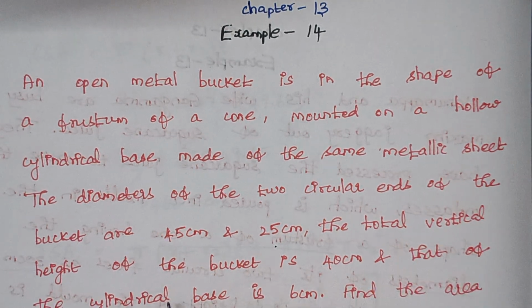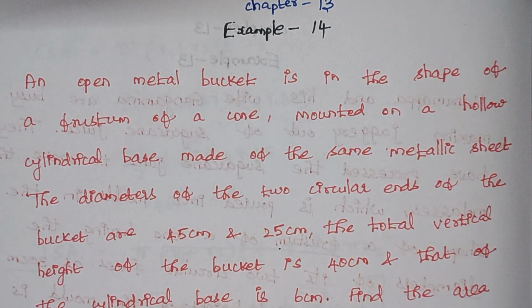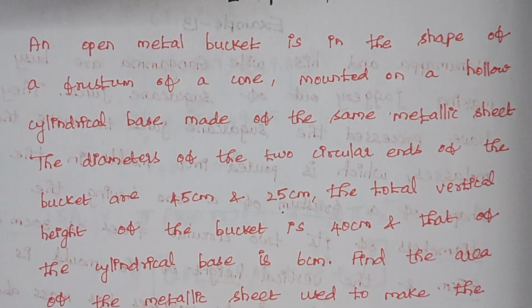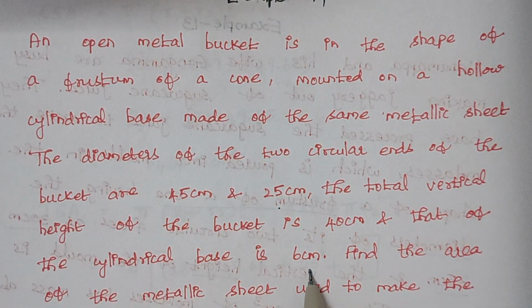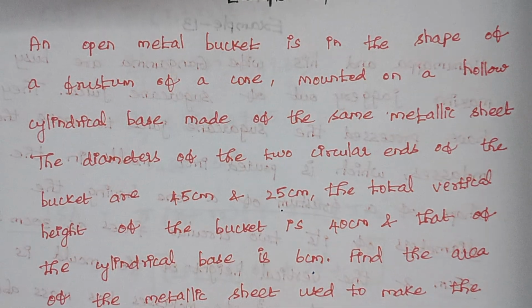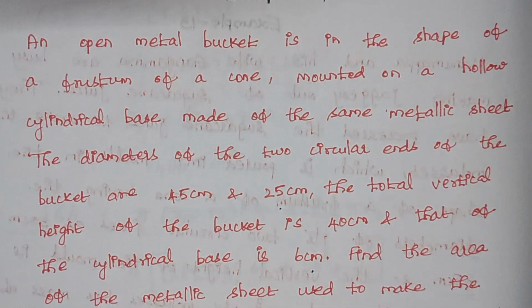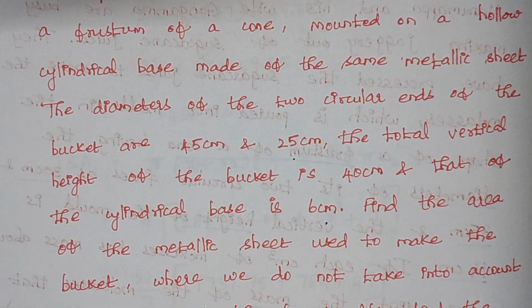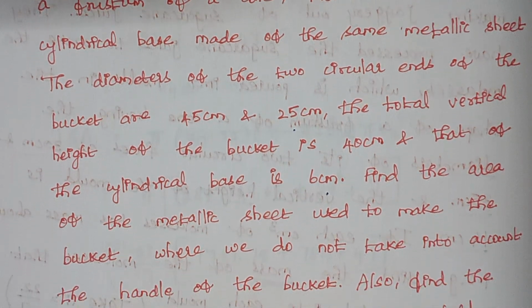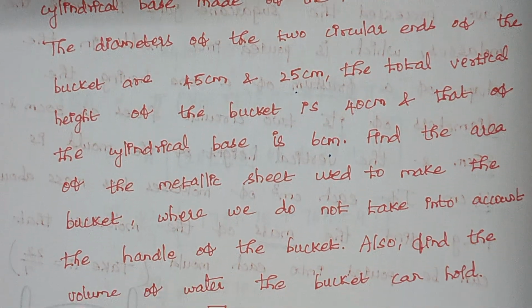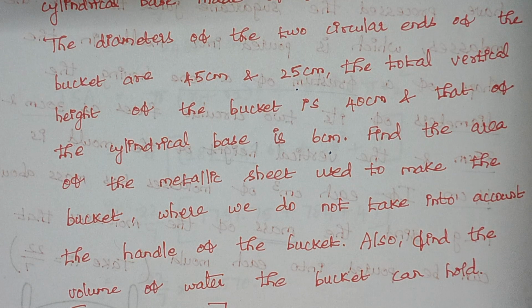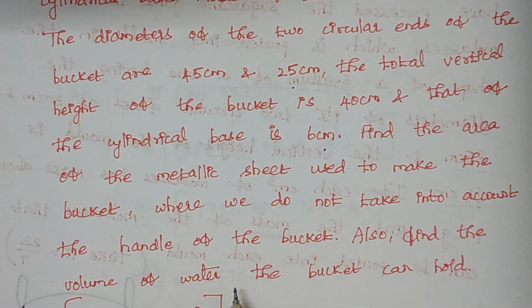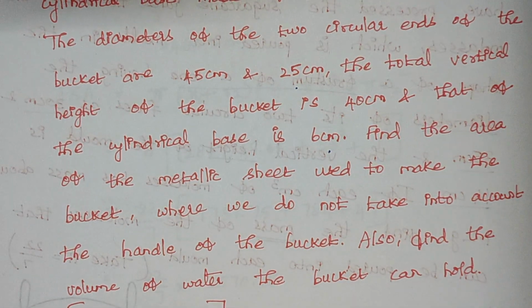The total vertical height of the bucket is 40 cm and that of the cylindrical base is 6 cm. Find the area of the metallic sheet used to make the bucket, where we do not take into account the handle of the bucket. Also find the volume of the bucket. Also find the volume of water the bucket can hold.